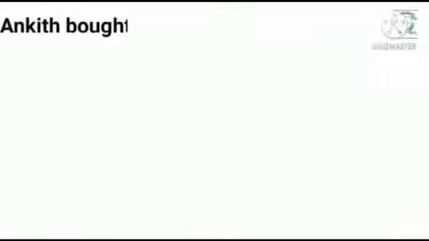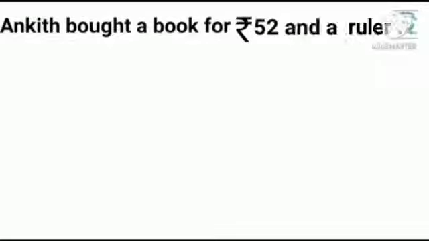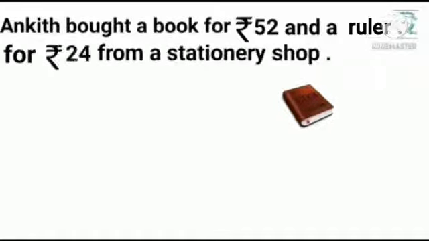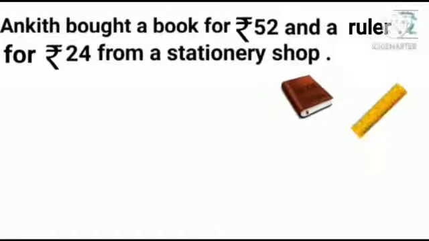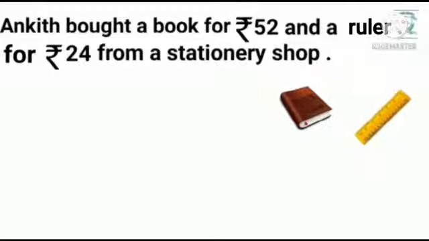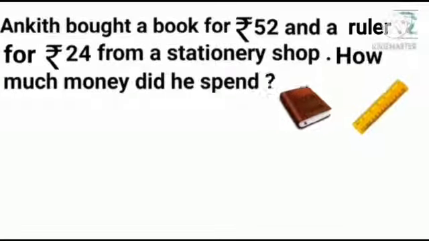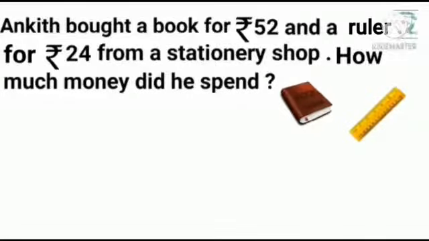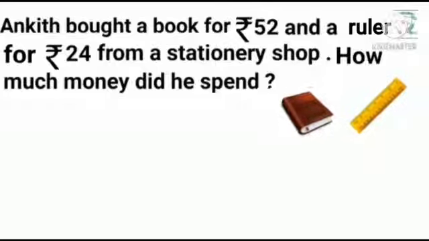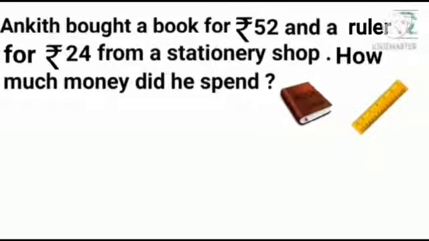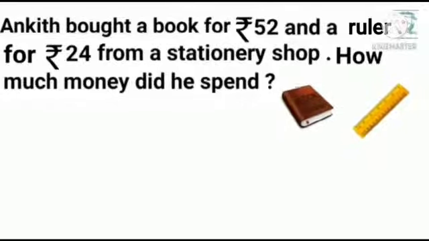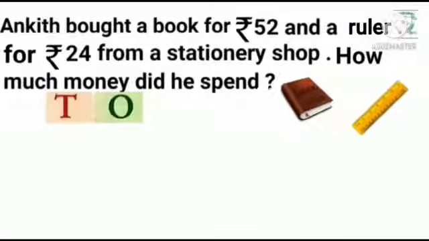In the next example, Ankit bought a book for rupees 52 and a ruler for rupees 24 from a stationery shop. How much money did he spend? Children, in order to find how much money was spent by Ankit, we have to add the two given numbers.